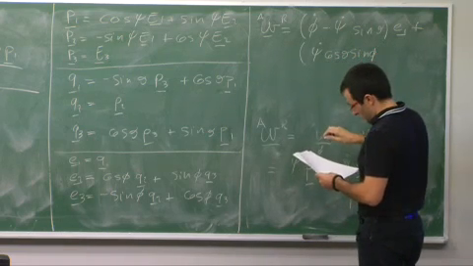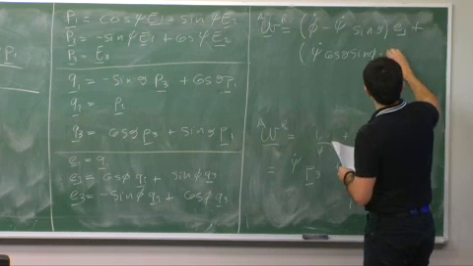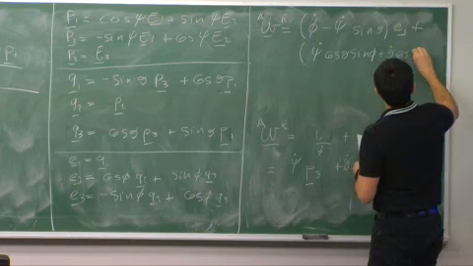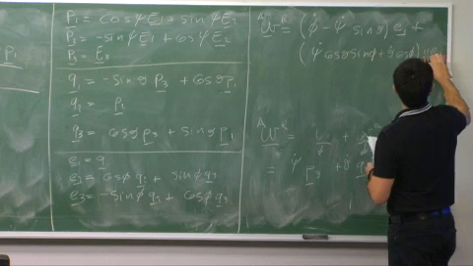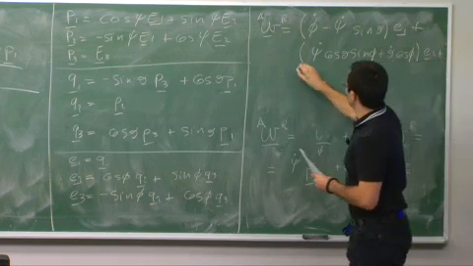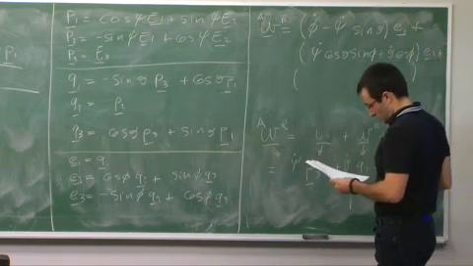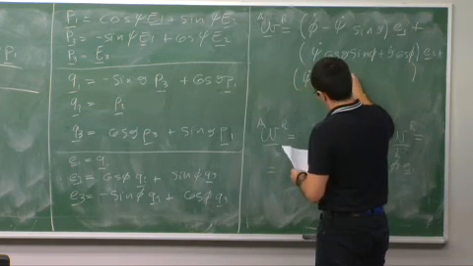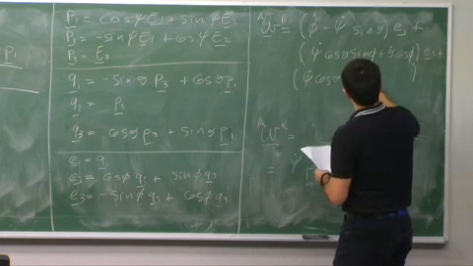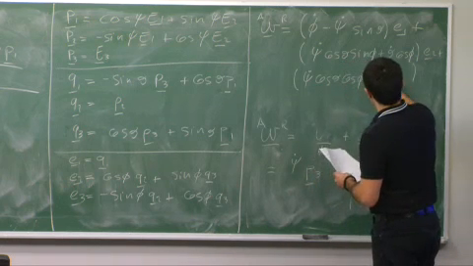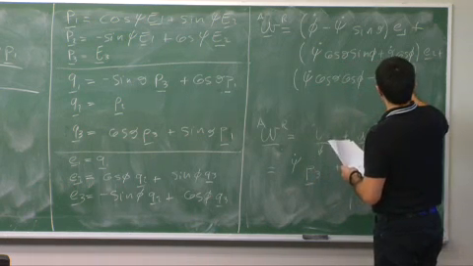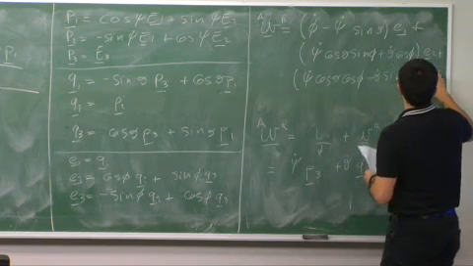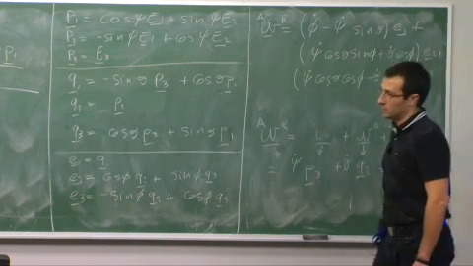Since we already have the vectors expressed as we want them to be expressed, cosine of phi, little e2, because I really want to make a few comments here. Cosine theta, cosine phi minus theta dot sine phi. You can check if this is right or not. It's right. It should be right.